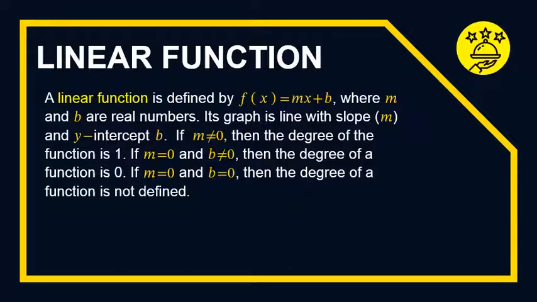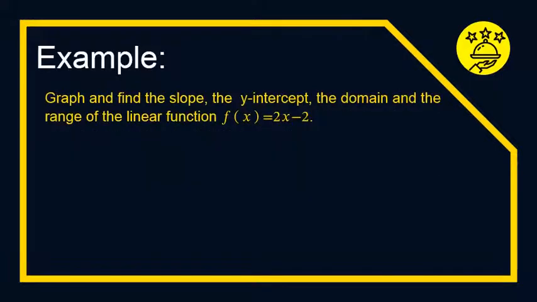If m is equal to 0 and b is not equal to 0, then the degree of the function is 0. If m is equal to 0 and b is equal to 0, then the degree of the function is not defined.